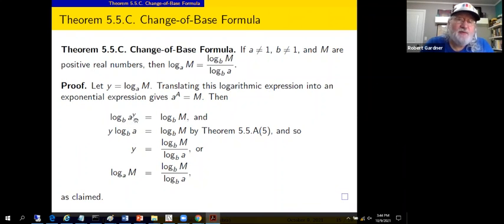Also, log base b of a to the y, you know you can bring that exponent y out as a coefficient. Property 5 of logarithms. So from here to here, we're simply bringing the y out front. The right-hand side remains unchanged. Now we're going to solve for y by dividing both sides by log base b of a. That'll leave y on the left-hand side and a quotient on the right-hand side. y itself was log base a of m.